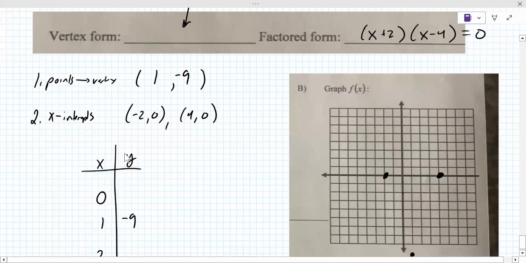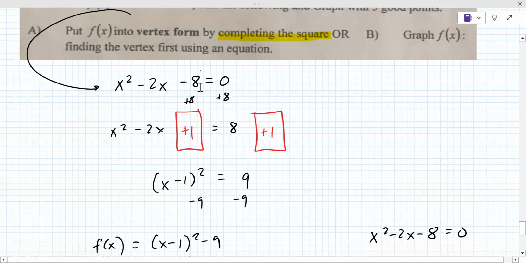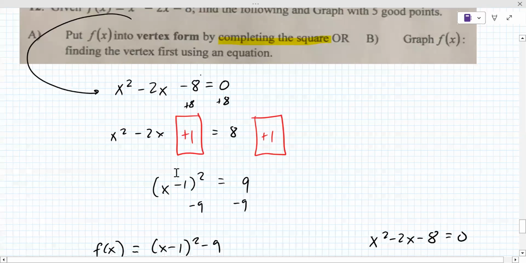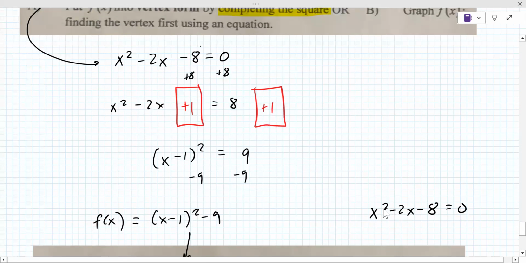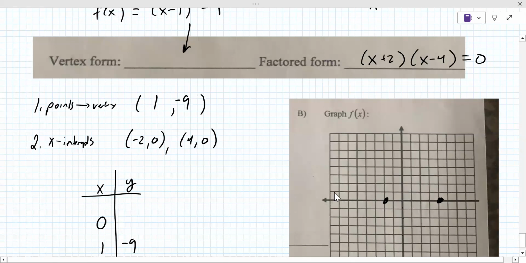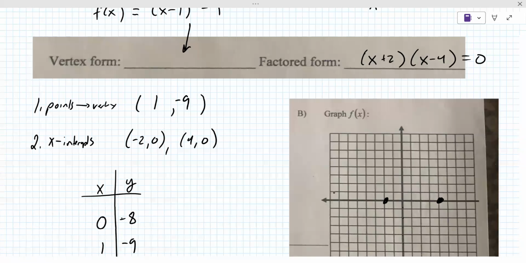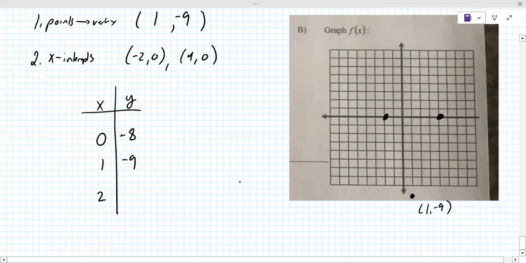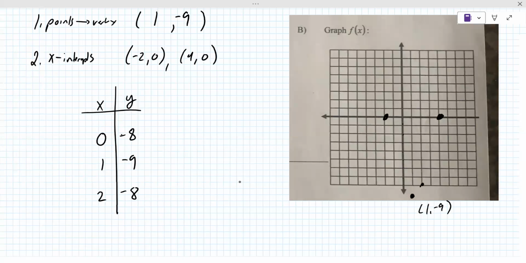So just to be clear here, we're putting like 0 back into either the original function or the vertex form. There's almost too many options. But when you put 0 in, you get -8. And by symmetry, it ends up being the same as 2. And then that's kind of sufficient for the graph there.